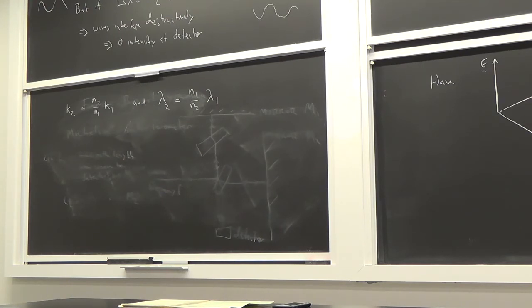So I'll try to draw things a little more carefully. So this distance is lambda 1 here. I get into that second region, I'm going to have something that's half the wavelength that it was out here, if say n2 is twice n1.